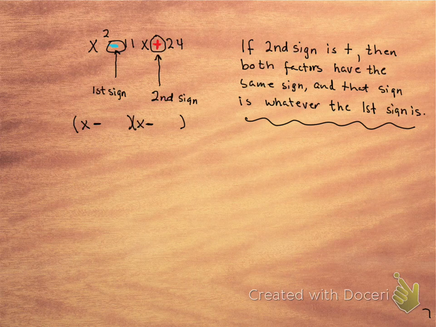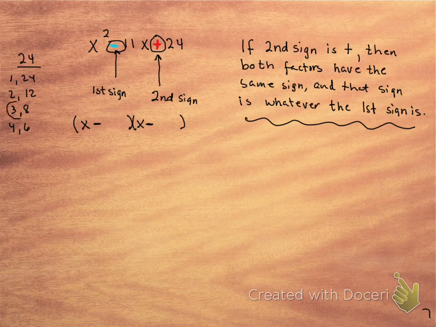So the first sign is a negative, the second sign is a positive, so the signs in the factors are both minuses. Now we need two numbers that multiply to be 24, so let's get all the factors of 24. 1 times 24 is 24, 2 times 12, 3 times 8, and 4 times 6. If we kept going, we would just be repeating. 6 times 4, 8 times 3. No need to repeat. Once we have all the numbers that multiply to give you 24, we need to find the one combination that when you either add them or subtract them, you're going to get 11, okay?